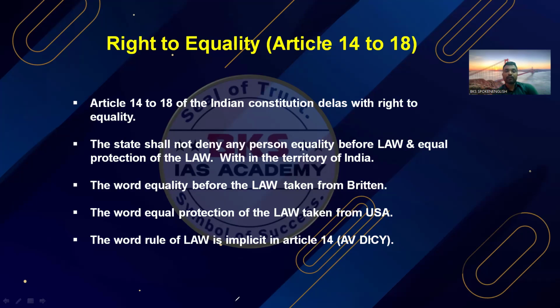Equal protection of the law means all persons should be protected equally under the law. Equality before law is taken from Britain and equal protection of the law is taken from the USA. Okay, rule of law implicit.